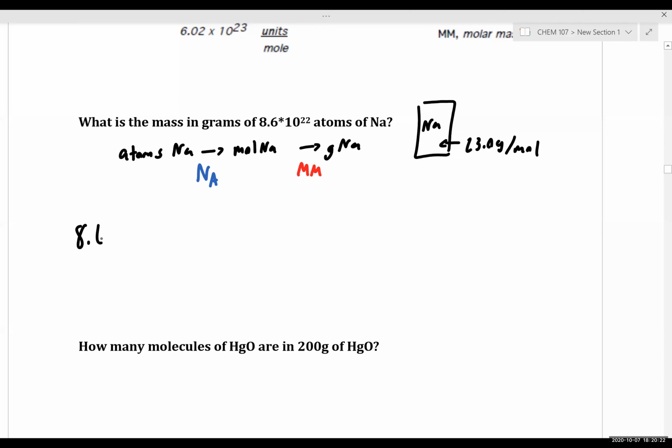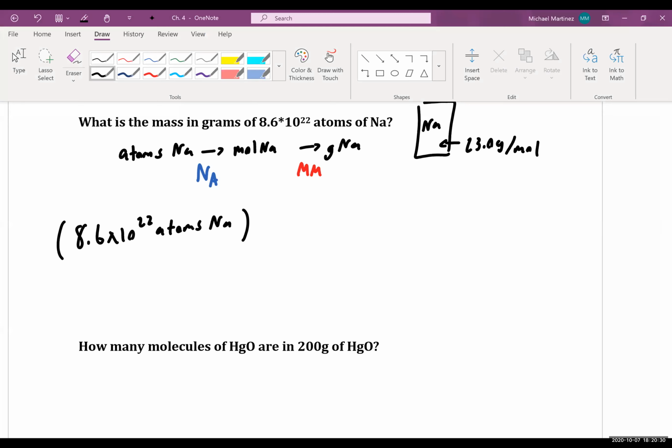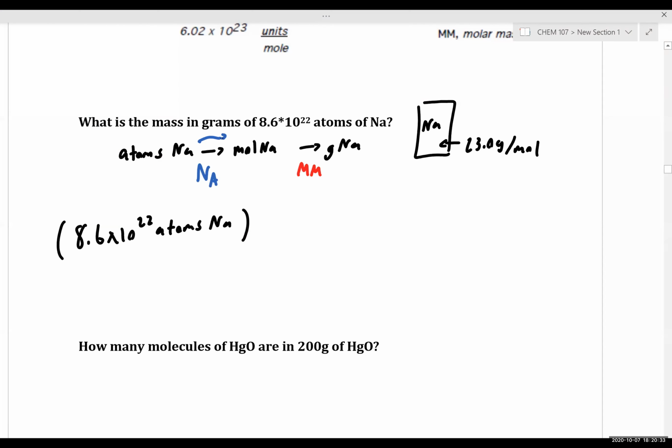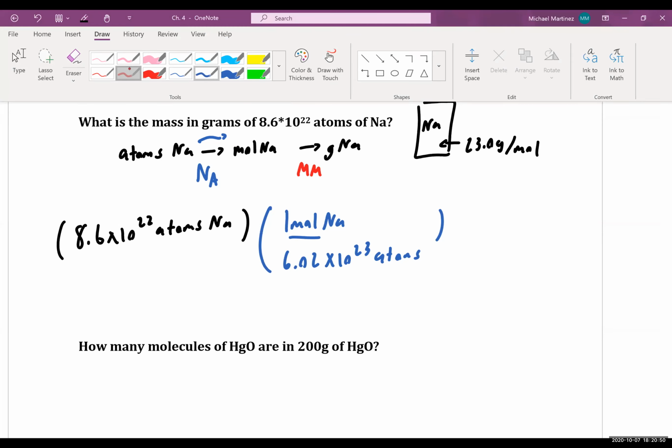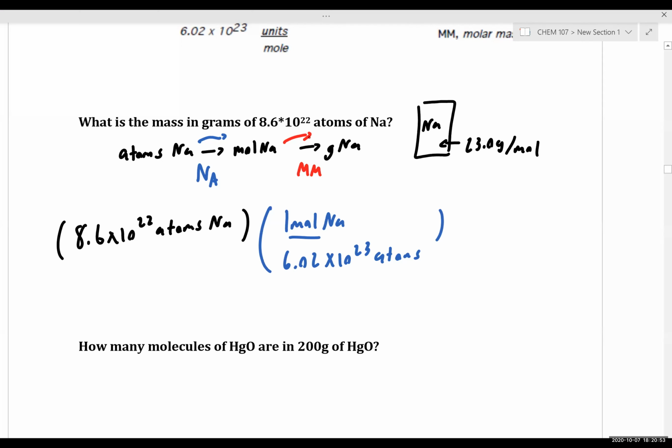So if we have 8.6 times 10 to the 22nd atoms of sodium, to go from atoms to moles, we're going to want units of moles on top. And we know in 1 mole of sodium atoms, we have 6.02 times 10 to the 23rd atoms. Additionally, now that we've completed the first step, to go from moles to grams, we'll use our molar mass, which is 23.0 gram per mole of sodium.